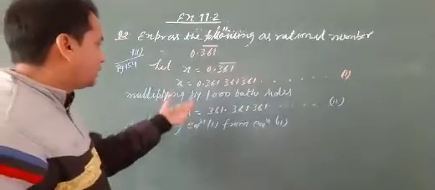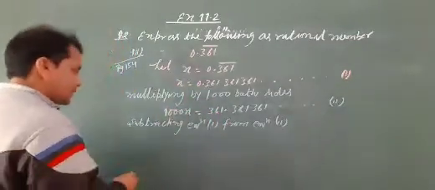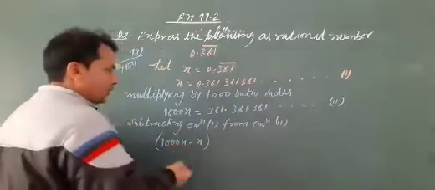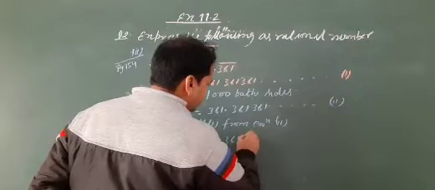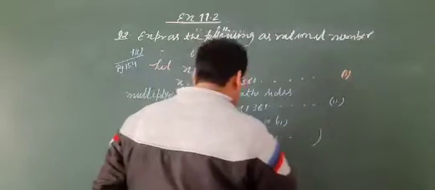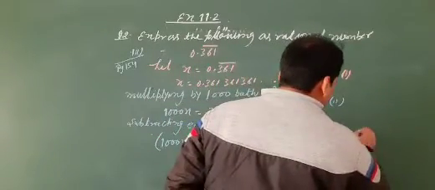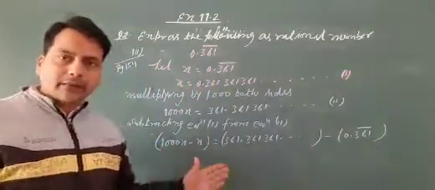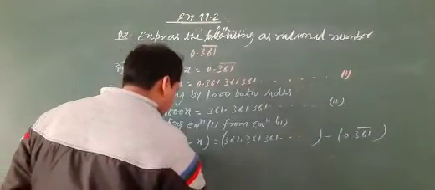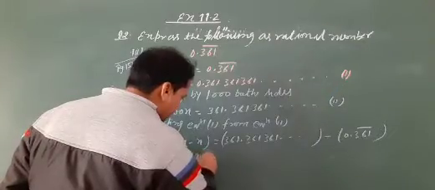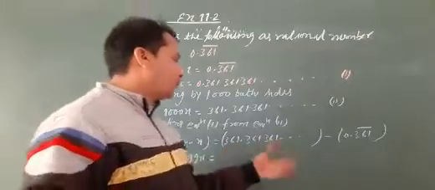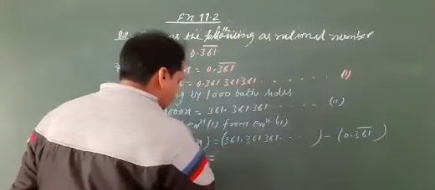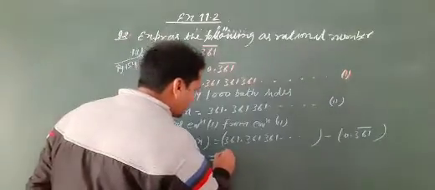So now subtracting the first equation from the second, 1000x minus x equal to 361.361 repeating minus 0.361 repeating. Then 1000x minus x, that is 999x equal to, after the decimal point these numbers are cancelled, 999x equal to 361.